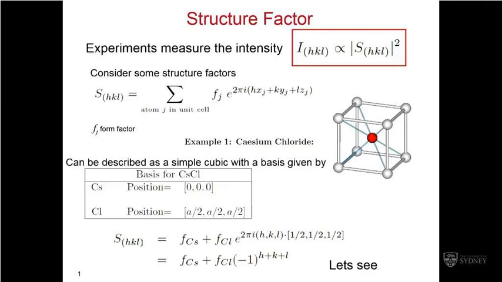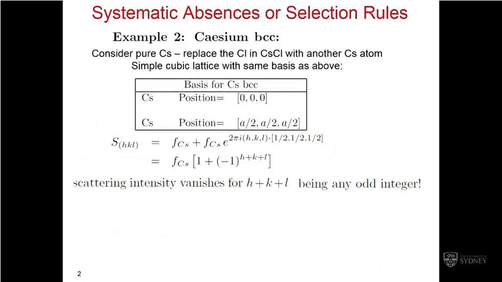What we're going to do now is replace that chlorine atom with another cesium atom, and when we do that, you can see that we'll have a body-centered cubic cell. There'll be another cesium atom in the center, and we're going to see how the structure factor is then. So this is what we would get.